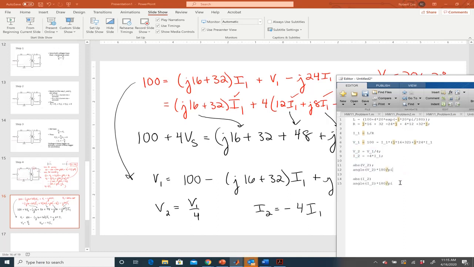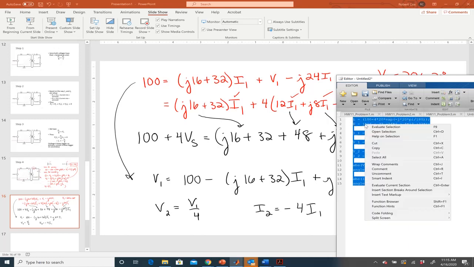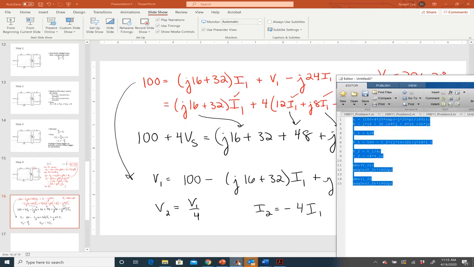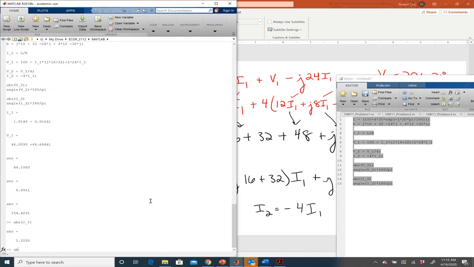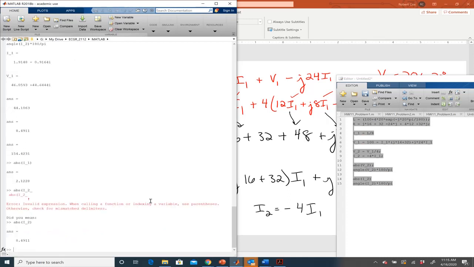Okay, so one thing we'll check on here real quick is I'll run this, and we'll look at our results. So let's look at a couple of things here. So abs of I1, the magnitude of I1, and the magnitude of I2. All right? So if you look at I1, it's 2.1228. The magnitude of I2 is about 4 times bigger than that, right?